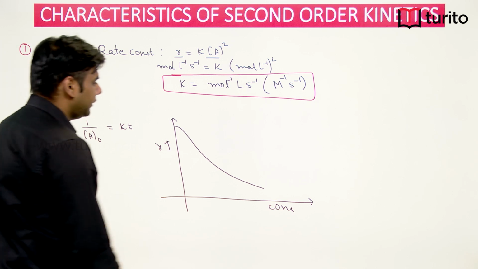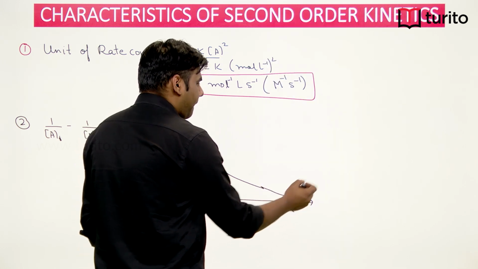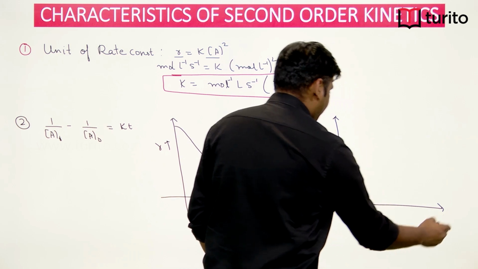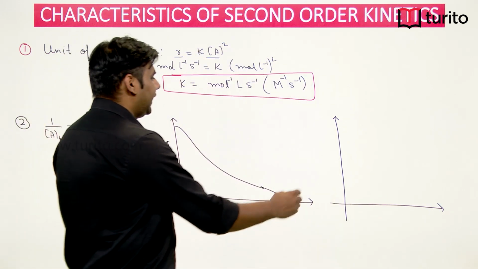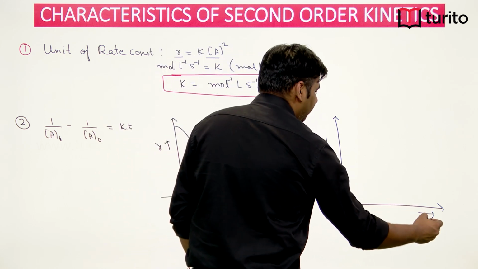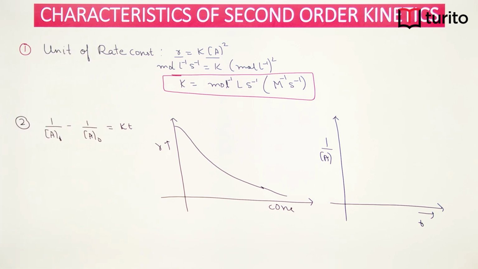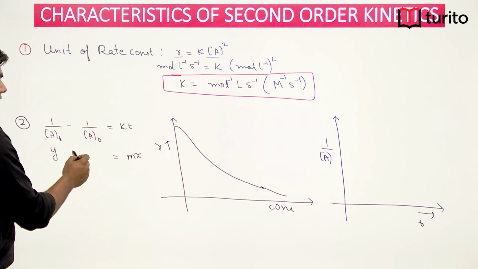Now if you plot 1 by A with time, so this is y equals m into x, and this is basically c.